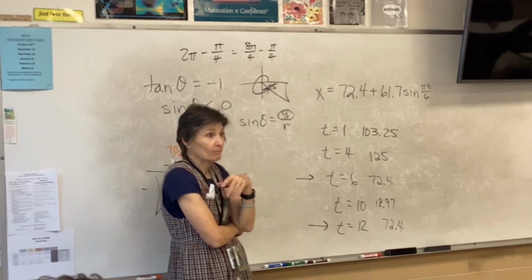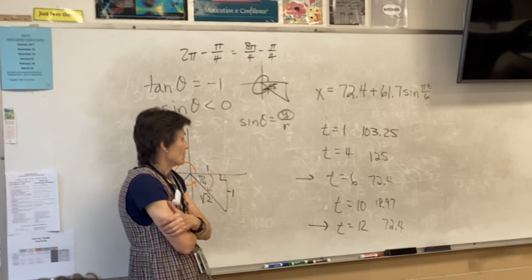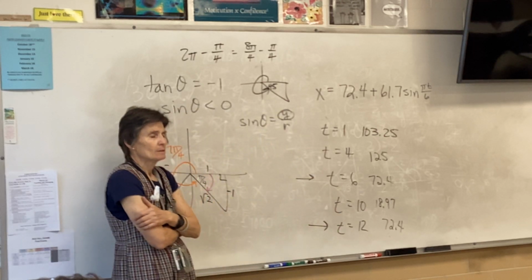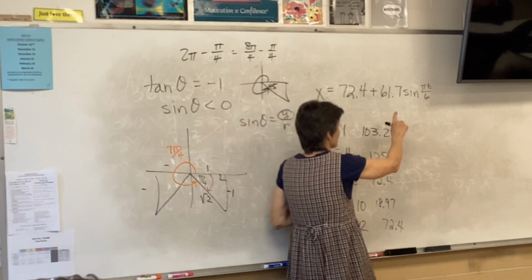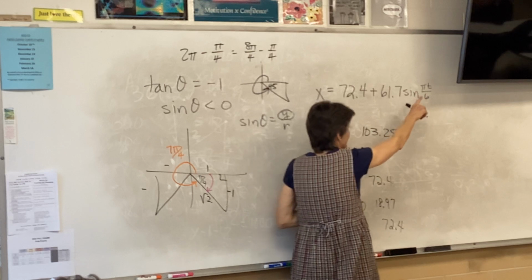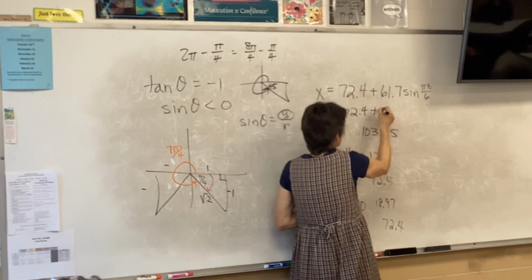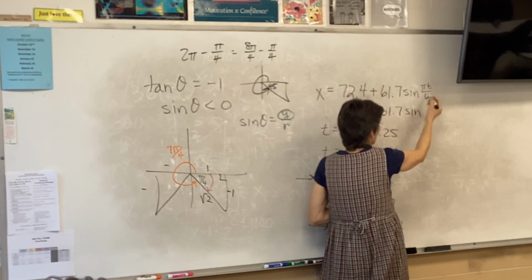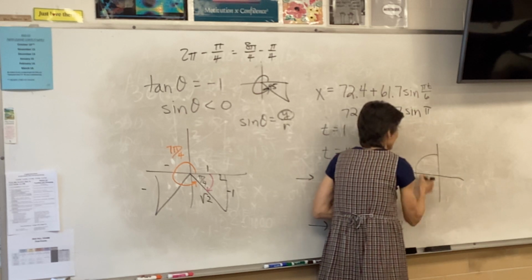Anyway, from a mathematical standpoint, why do these two match? Equal distance. Think about what happens in the equation. If you put a 6 up here, you have 72.4 plus 61.7 sine of 6 times pi over 6. Won't this just be pi? Now think about where pi is.